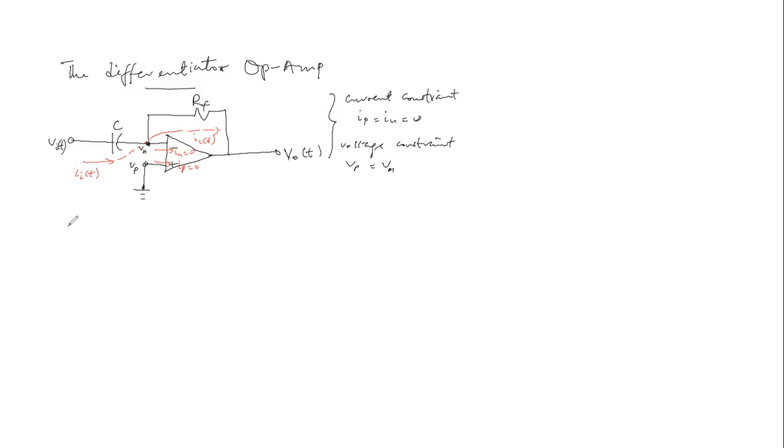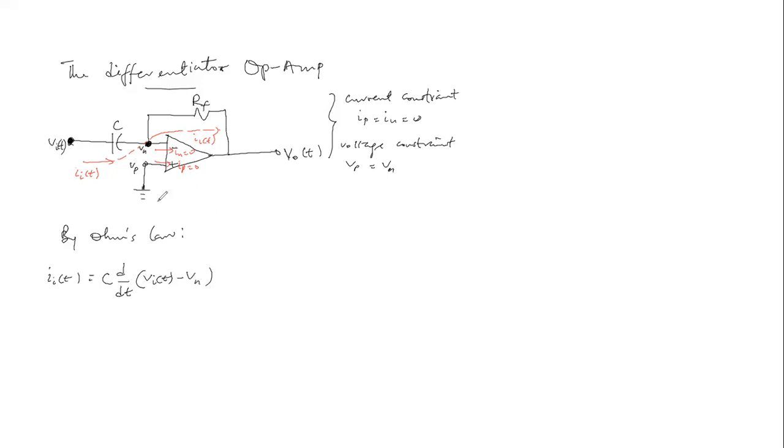So by Ohm's law, we can write the current at the input side of the circuit, I sub I of t, as C d/dt of the voltage difference between these 2 nodes, that will be V sub I of t minus V sub n.